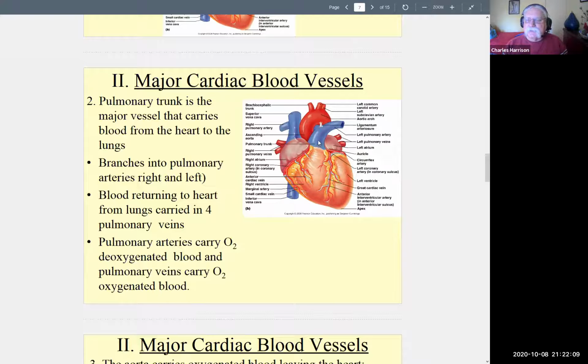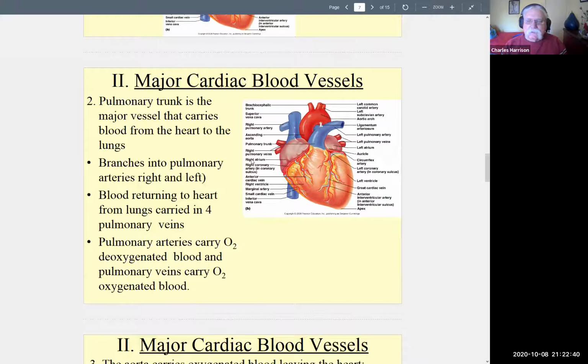These pulmonary arteries and the pulmonary trunk are carrying deoxygenated blood. So immediately they are an exception to the rule that arteries always carry oxygenated blood. They do not. The pulmonary arteries are deoxygenated. They want to go to the lungs and pick up the oxygen.